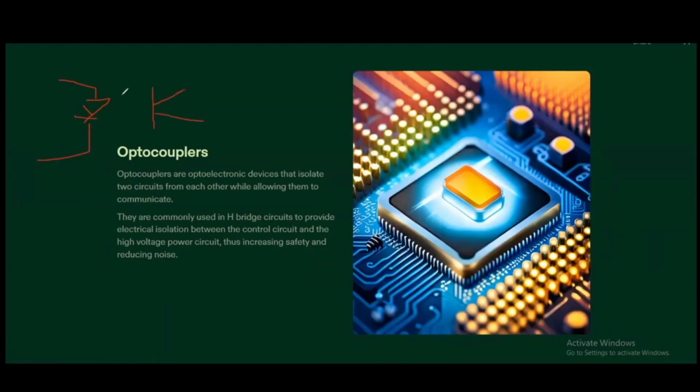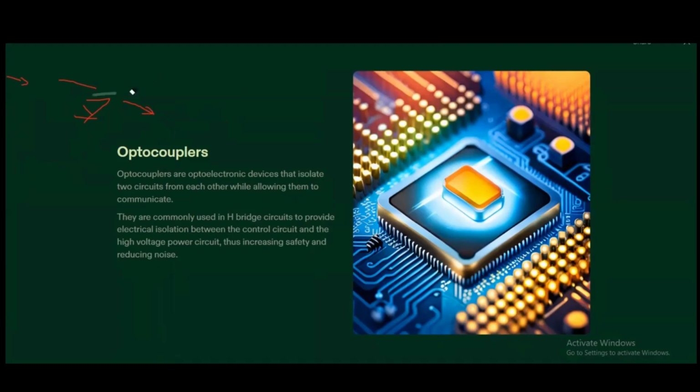This is known as a phototransistor, which depends on light. When this LED gets voltage from here and ground from this side, this LED turns on. When light falls on the base of this transistor, its collector and emitter will behave as a short circuit. Hope optocouplers would be clear.